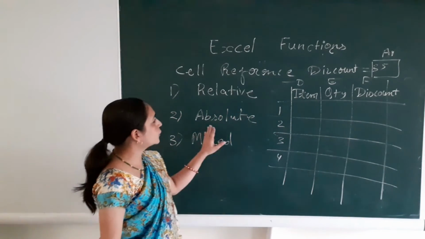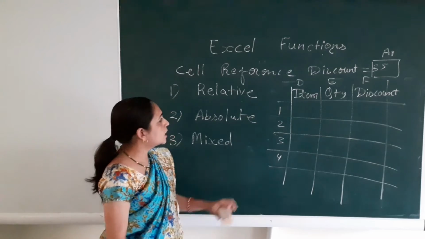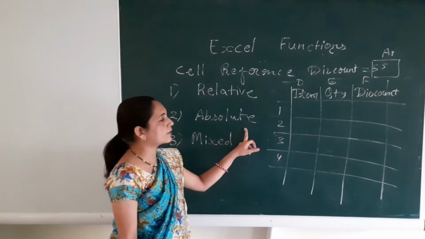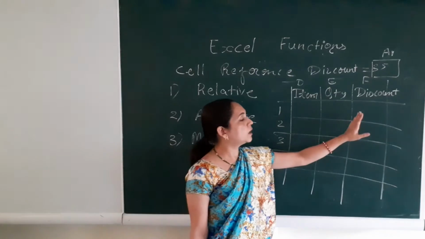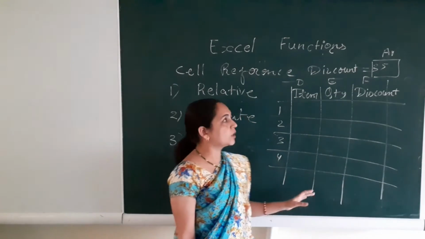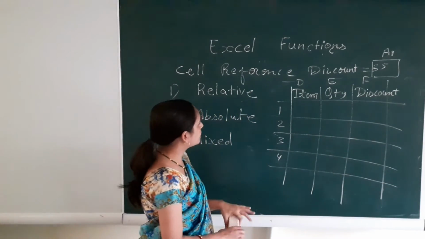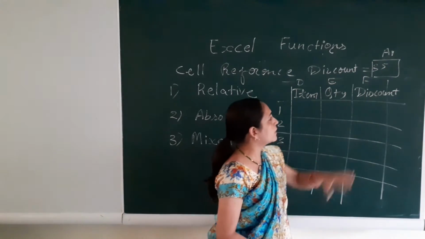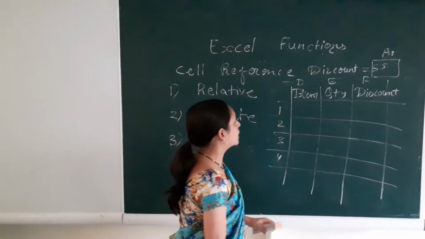Now next topic I am going to explain about the absolute cell reference. In the absolute cell reference, you use it where you want the formula not to change everywhere. Suppose I have set the discount in the A1 cell and I want to apply this A1 cell everywhere.